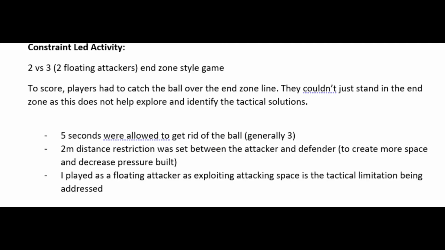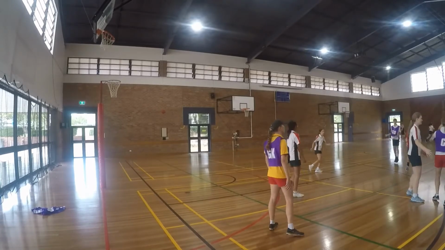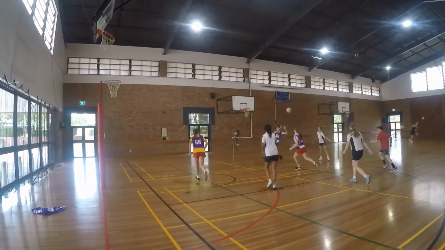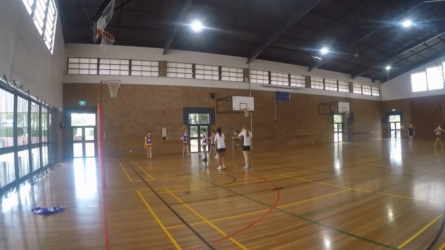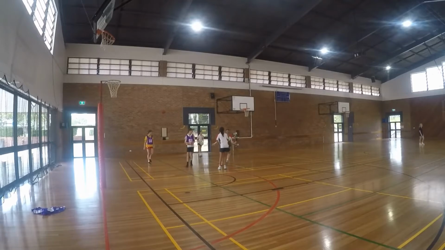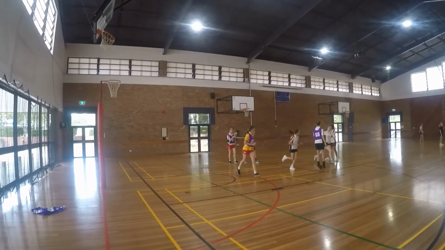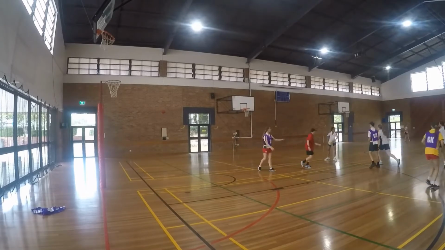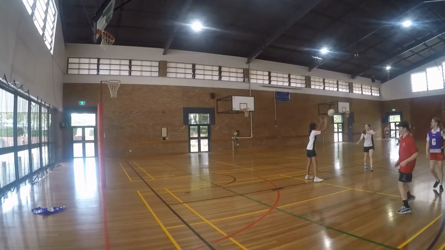My constraint-led activity was a 2 vs 3, 1 floating attacker end zone styled game. To score, players had to catch the ball over the end zone line. They couldn't just stand in the end zone, as this did not help explore and identify the tactical solutions. 5 seconds were allowed to get rid of the ball, when it is generally 3, and a 2-meter distance restriction was set between the attacker and defender when they were in possession of the ball.